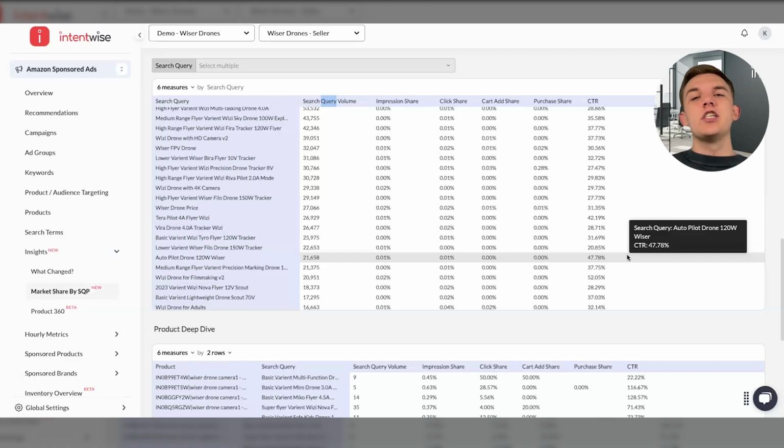And so that doesn't necessarily speak to the term itself. It just speaks more to my imagery. So if I find examples here where your click-through rate is actually outperforming yourself as an average, well, now I know this is more about how my imagery, my title, my product speaks to that specific search term than me just having really good content as a whole. Right? So that's another lever that we could look at here to specifically look at things as it relates to search terms and your brand.